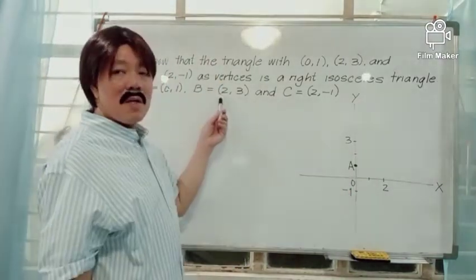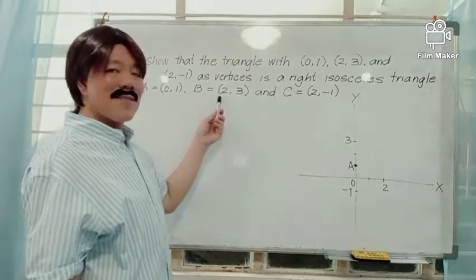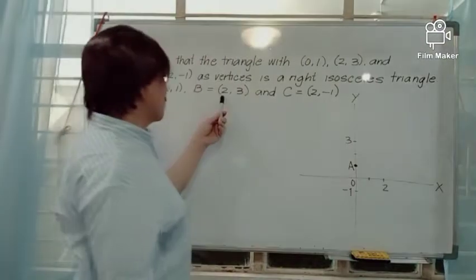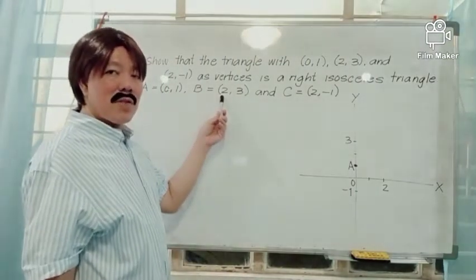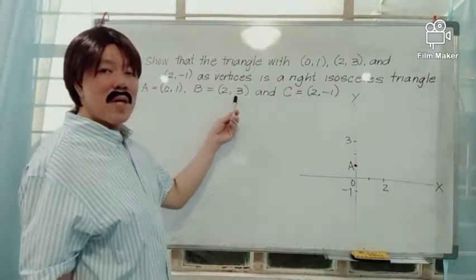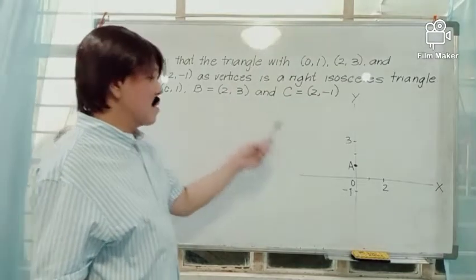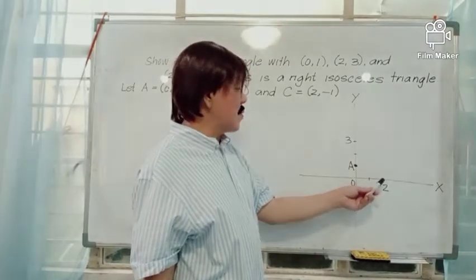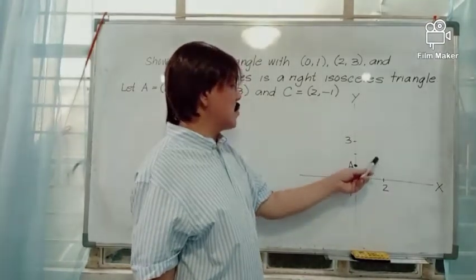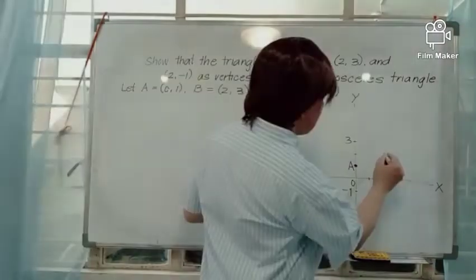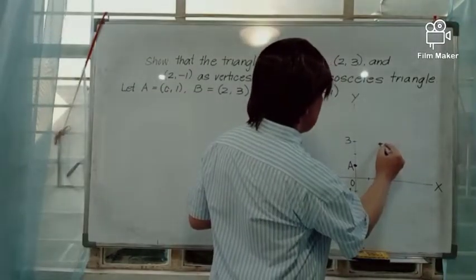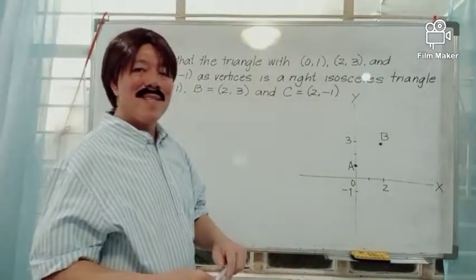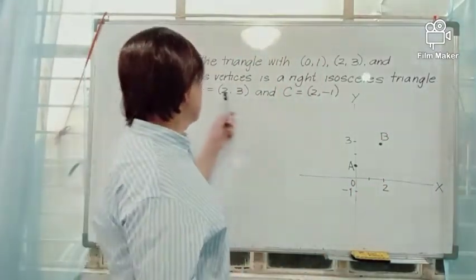The second vertex of the triangle has coordinates 2, 3. From the origin, you count 2 units to the right on the positive x-axis, and from there you count 3 units upward, 1, 2, 3. And this is the point B with coordinates 2, 3.